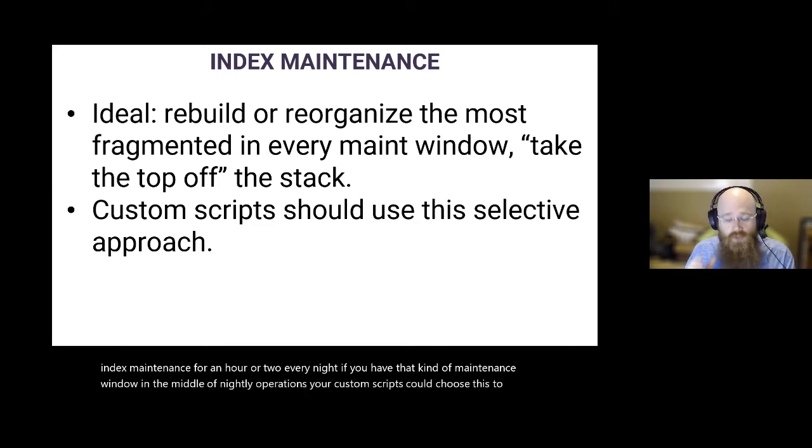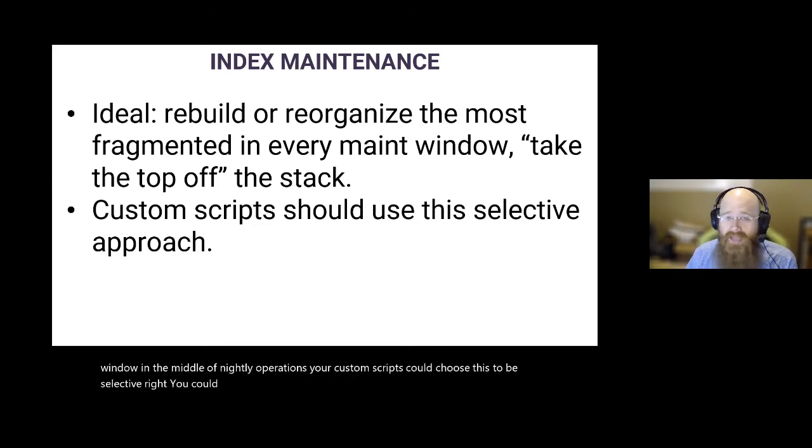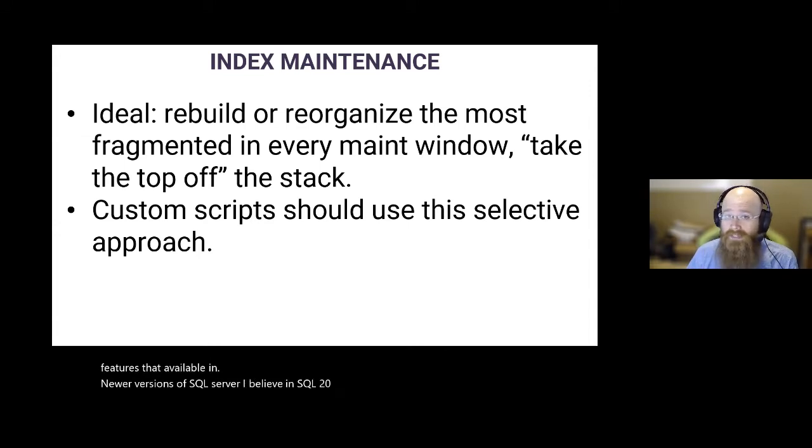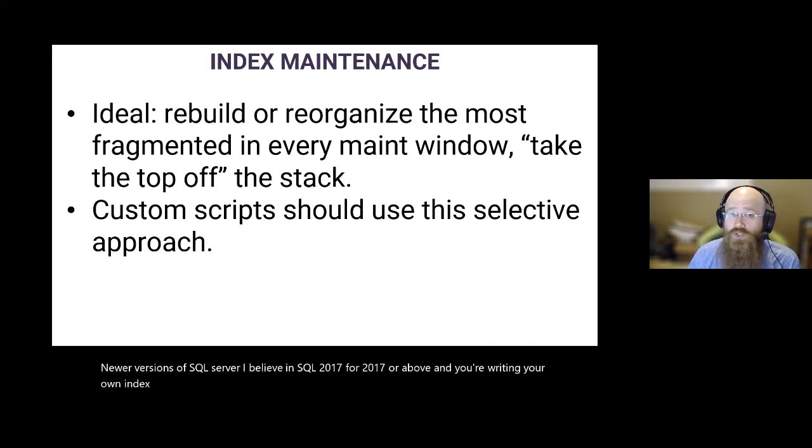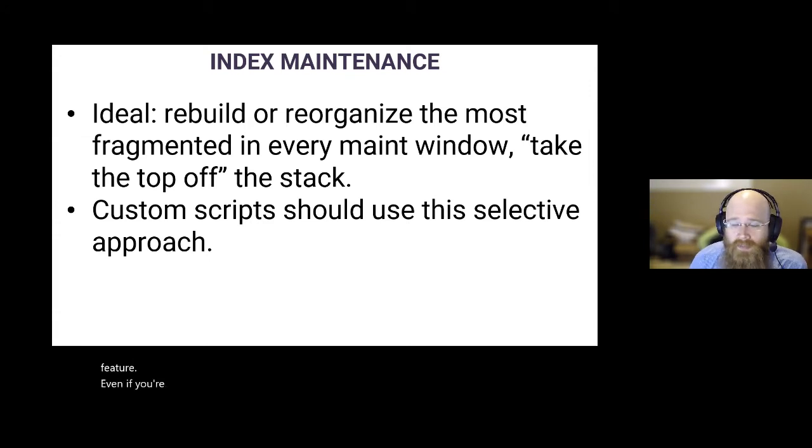You could pause your index maintenance, have it not start anything new after a certain amount of time, or you can use the new resumable index maintenance features that are available in newer versions of SQL Server, I believe in SQL 2017. If you're on 2017 or above, and you're writing your own index maintenance, definitely look into the resumable index maintenance feature.